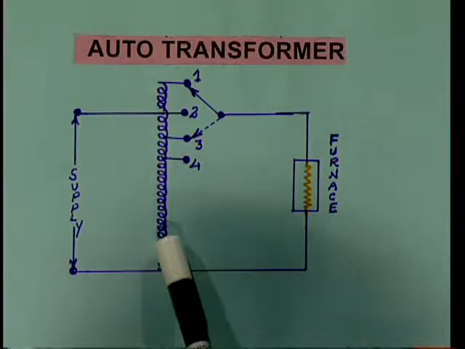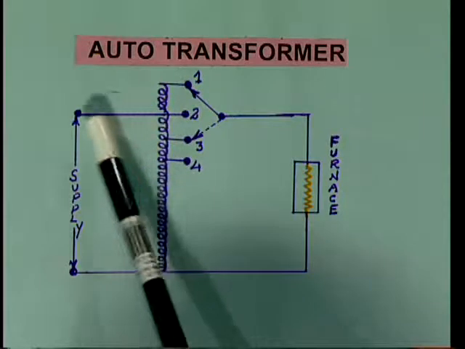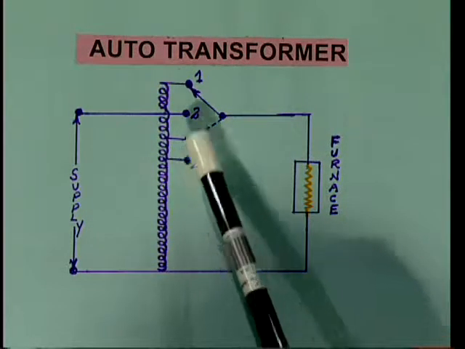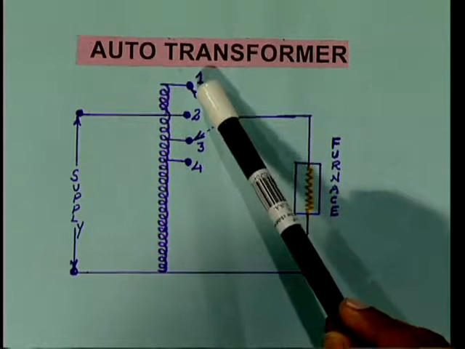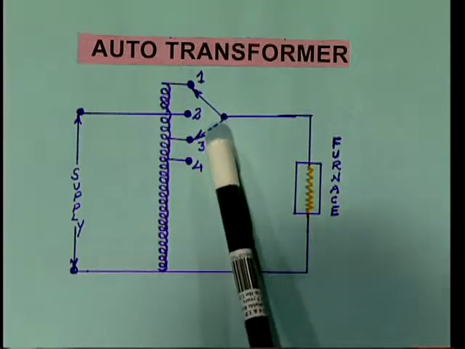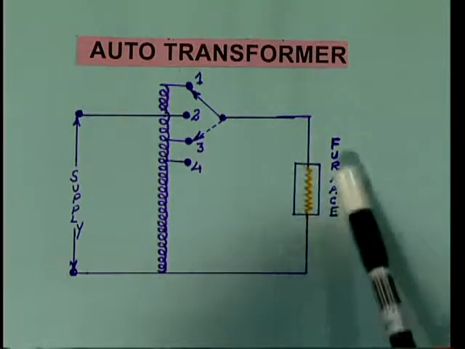You can see this figure. This is the auto transformer having only one winding. Part of the winding is connected to the supply of V volts, and on the secondary side you have tappings 1, 2, 3, 4, and this tapping system is connected in series with the furnace resistance, the furnace unit.